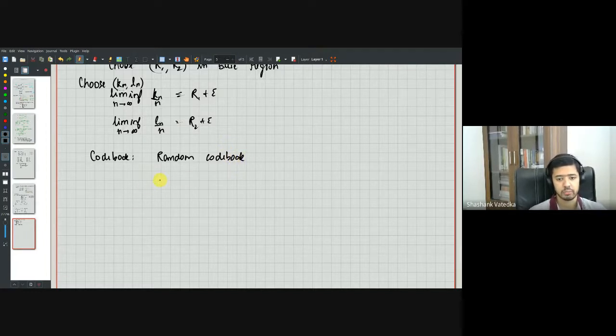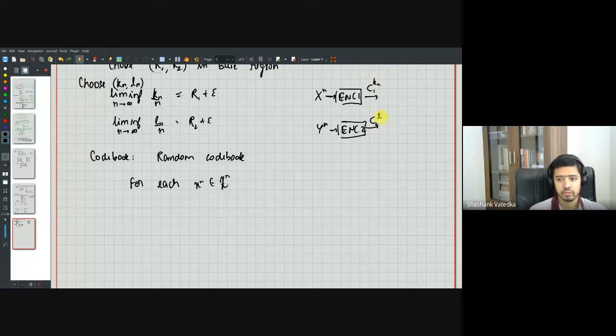Keep this in mind: you have xn, which needs to be encoded, and yn is separately encoded, but these are jointly decoded.